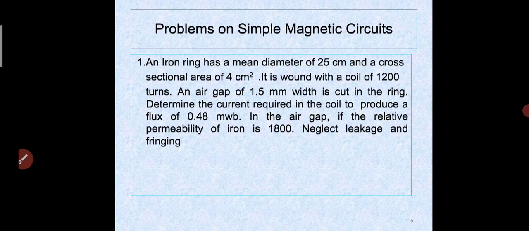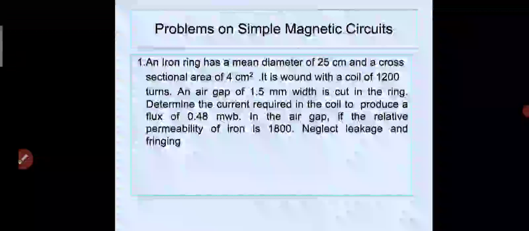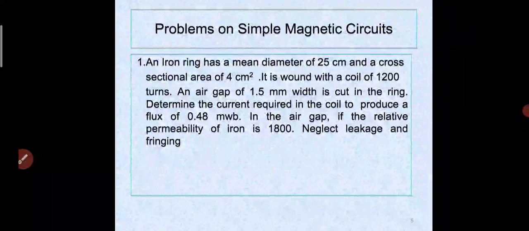An air gap of 1.5 mm width is cut in the ring. Determine the current required in the coil to produce a flux of 0.48 milliwebers in the air gap, if the relative permeability of iron is 1800, neglecting leakage and fringing.